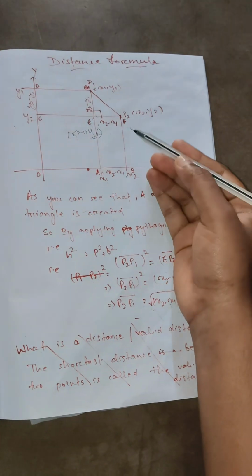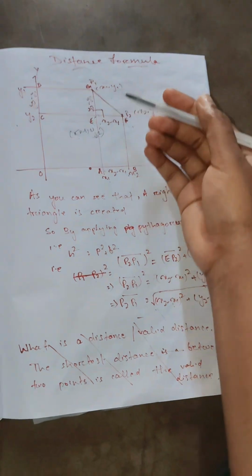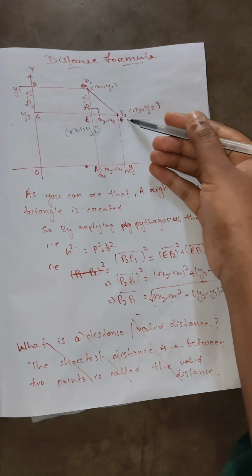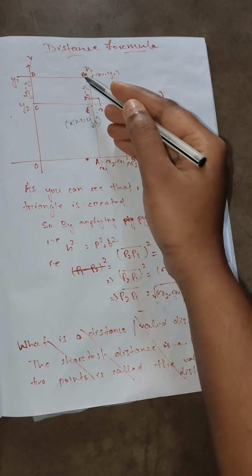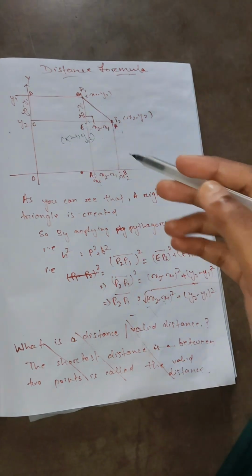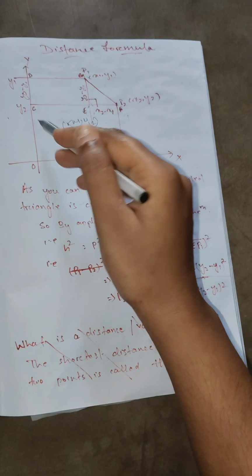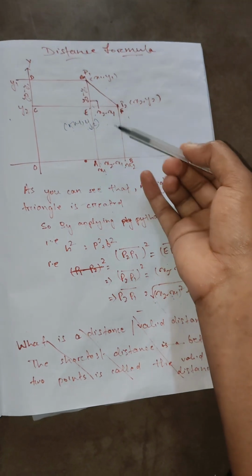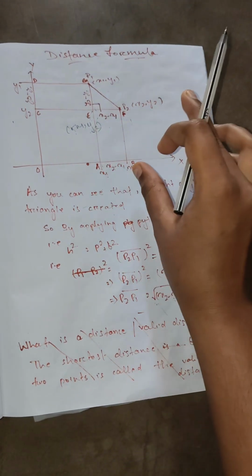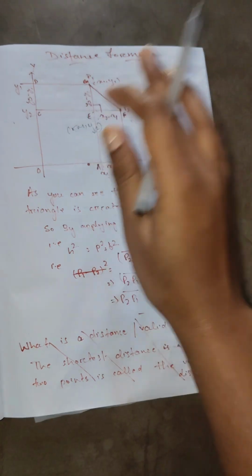If I draw perpendiculars from the points P1 and P2 to their respective axes, then I get a diagram like this.